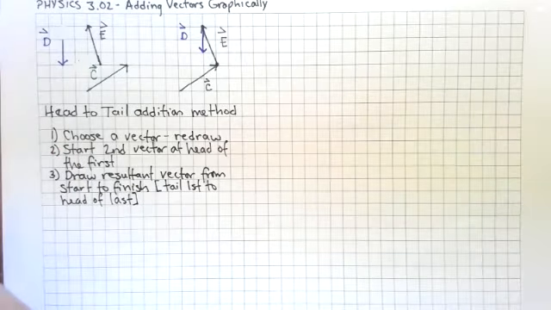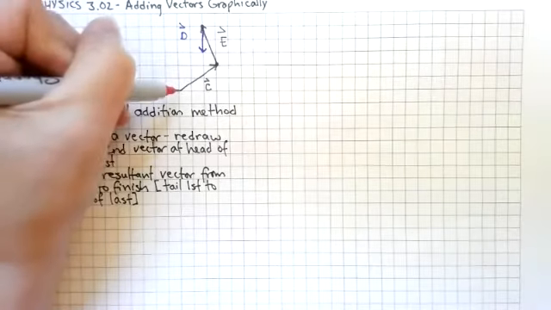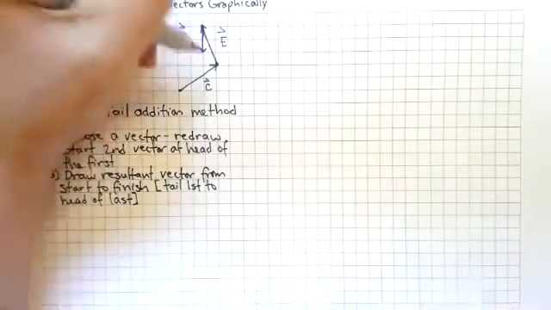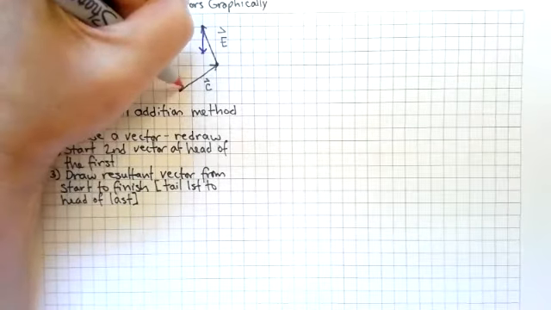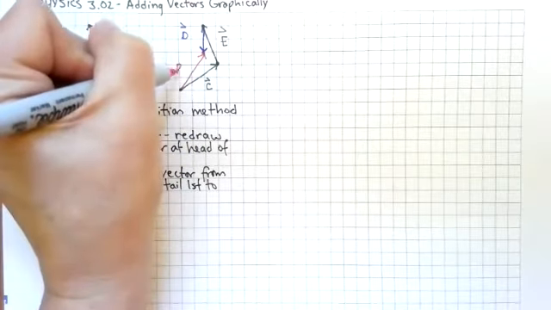I'm going to do this in red. So my resultant vector, here is the tail of my first, here's the head of my last. I'm going to call it R.